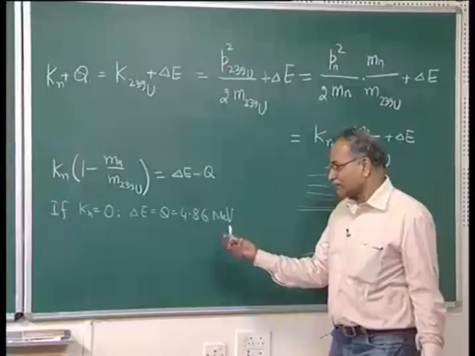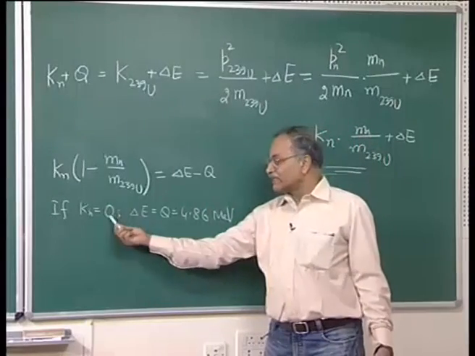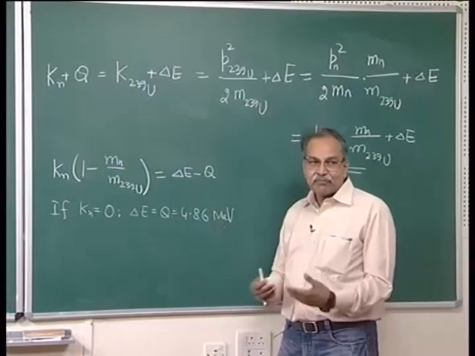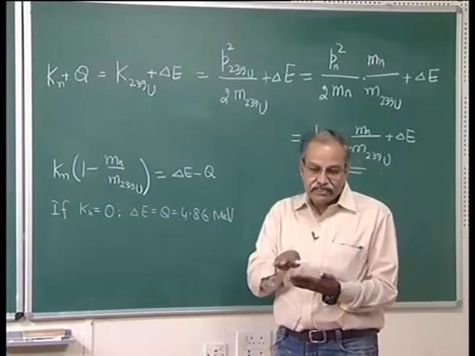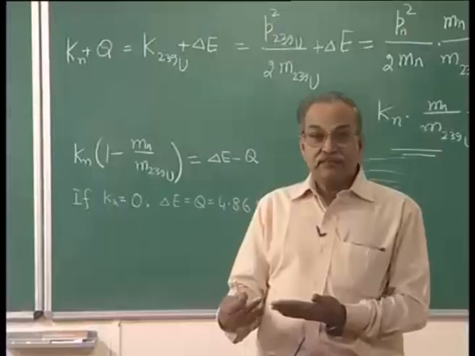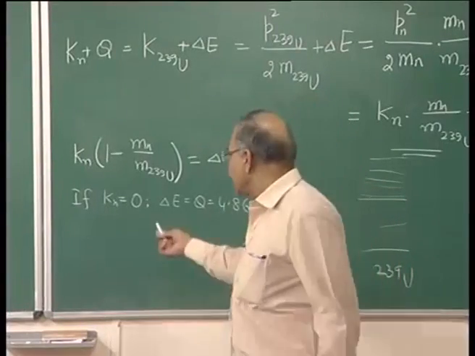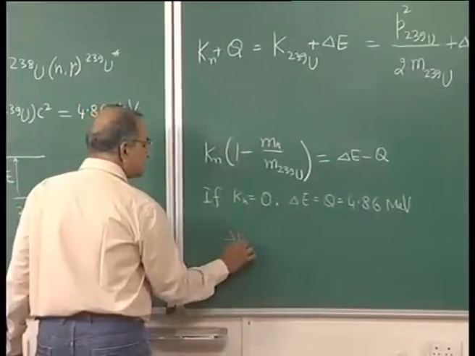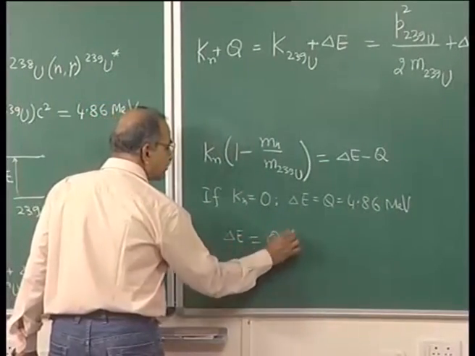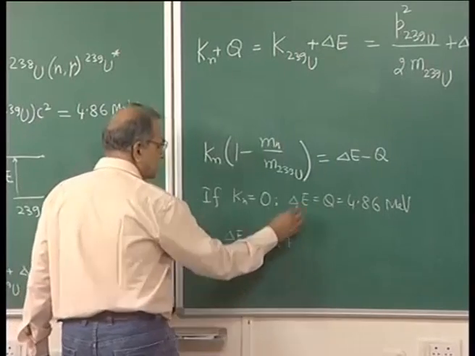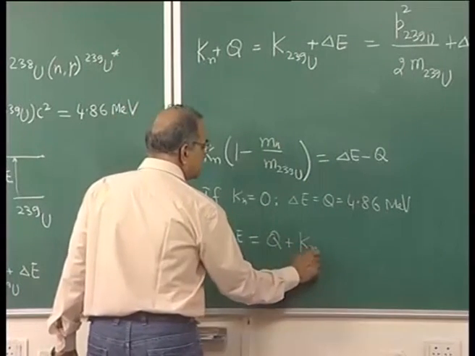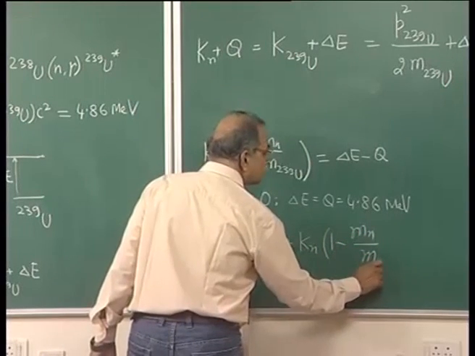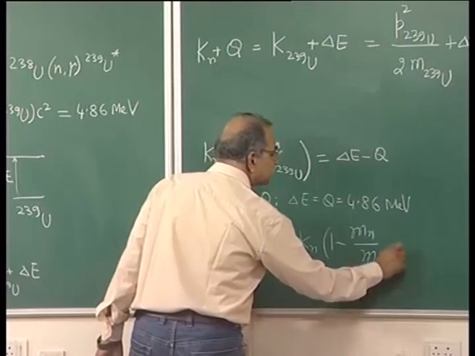But this energetics says that if this reaction is to take place, this should be delta E, depending on what kind of kinetic energy I am supplying. If neutron kinetic energy is 0, it is Q, but otherwise this delta E will be Q, that is 4.86, plus K_n times (1 minus m_n by mass of uranium 239).